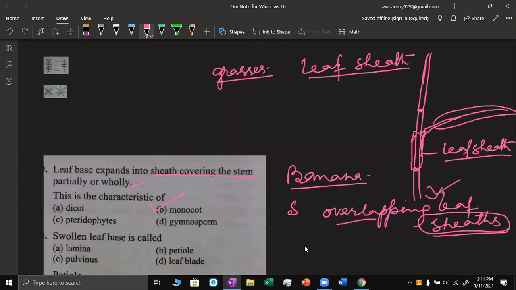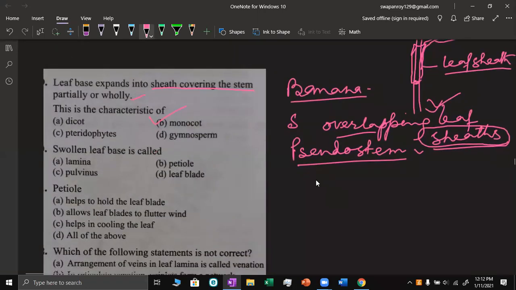So that forms the stem-like structure, and this is not actually a true stem, so it is known as pseudo stem in banana plant. And the actual stem is underground, and it is underground or subaerial, this one is corm.